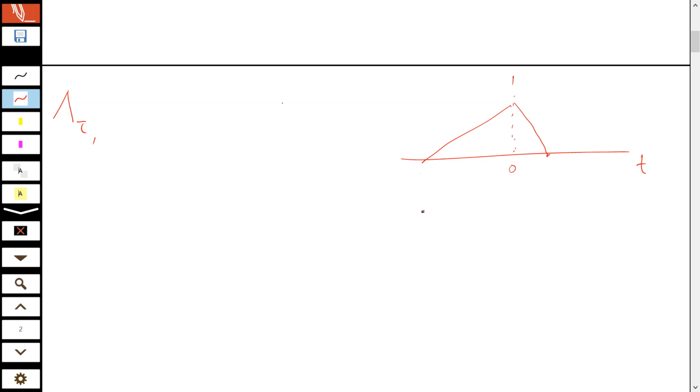So which means that this width of this triangle still has to be 2 tau. Yeah, because this is a triangle, the height is 1, so we want area tau, and that requires a width of 2 tau. So of course, this has to be tau times 1 minus gamma, and this has to be tau times 1 plus gamma, and with a minus sign.